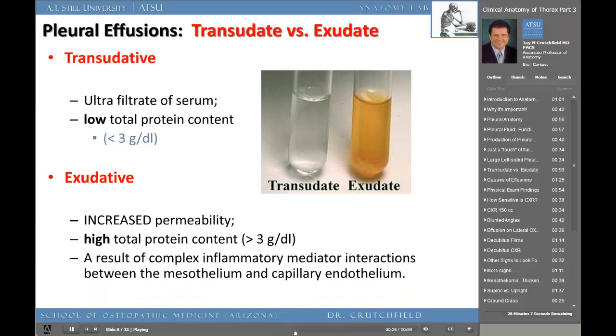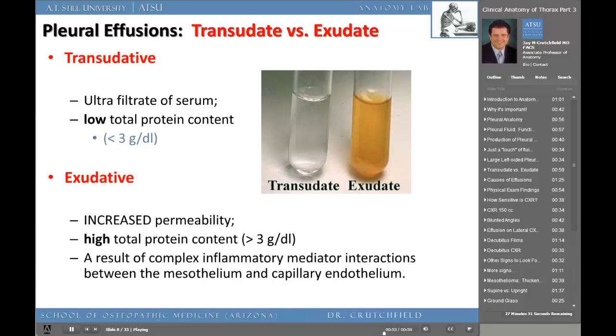If it's an exudative effusion, such as from inflammation or pus, the protein content will be higher. It's a result of increased permeability, and it has a high total protein content. It's a result of inflammation.